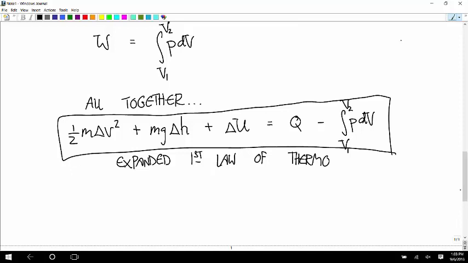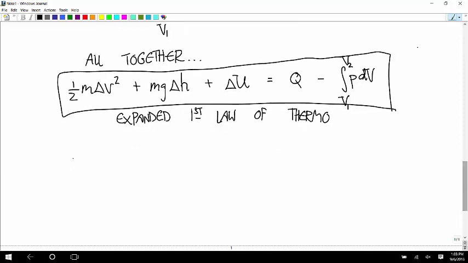All right, so let's do an example using the first law of thermodynamics.